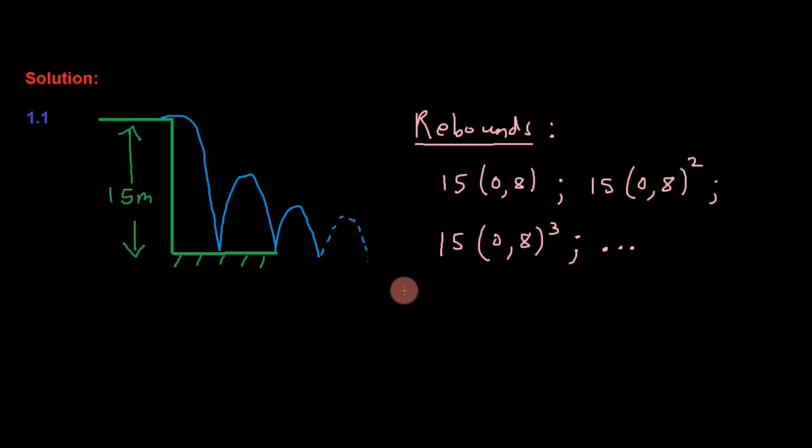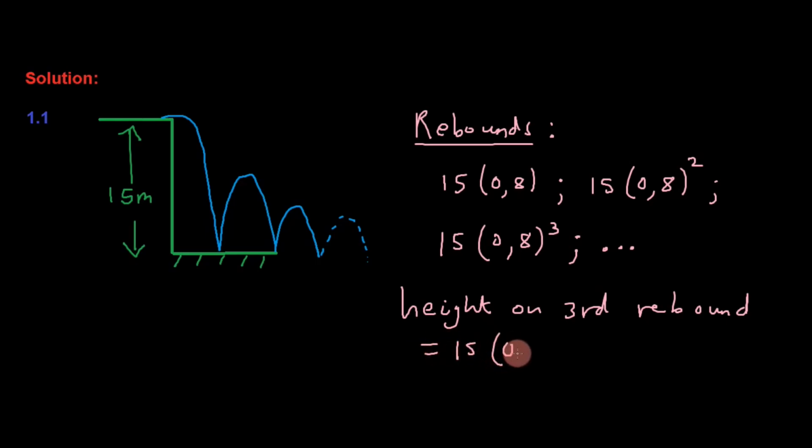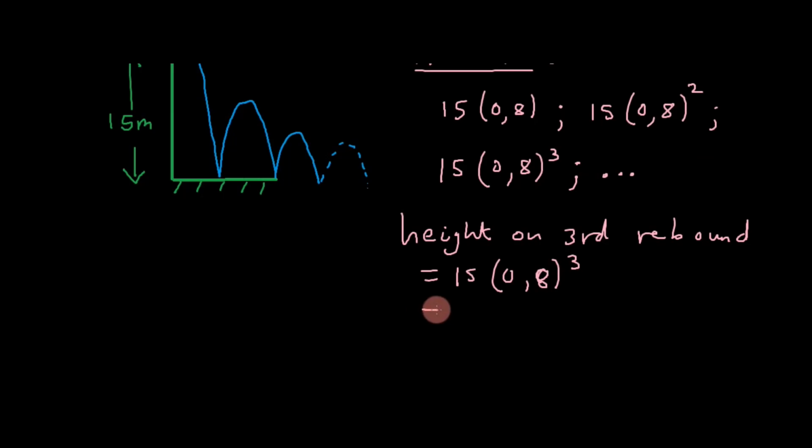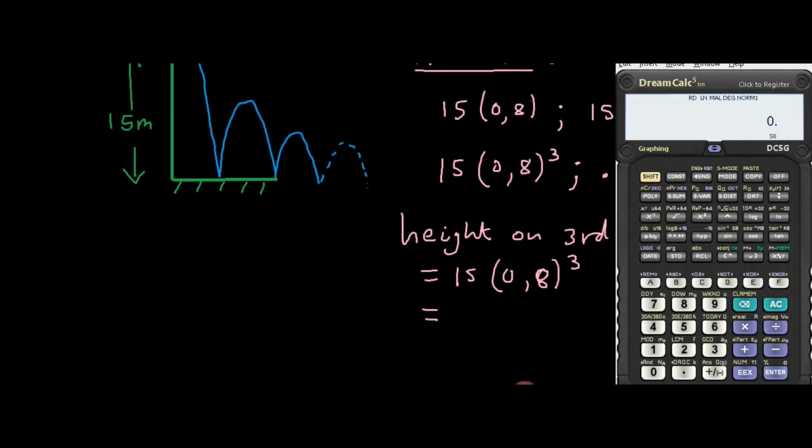So we have the answer to 1.1. So the height on the third rebound will be 15 times 0.8 cubed. So we can do this on a calculator.